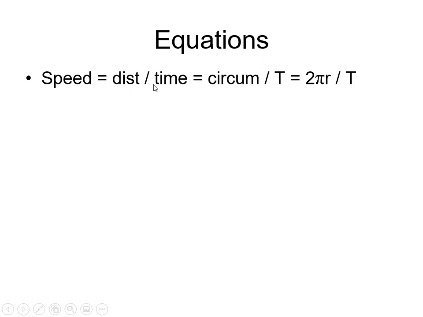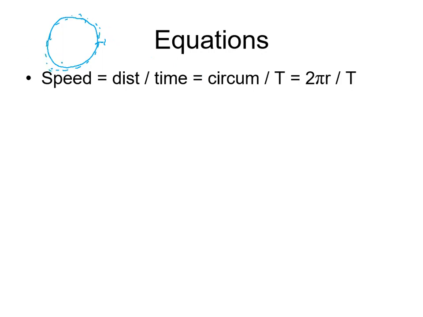And if we're talking about going around in a circle, then we know the distance around a circle is going to be the circumference. And we know that the circumference is 2 pi r. Okay, so if we have a circle, then we are going to go around here, all the way around here.